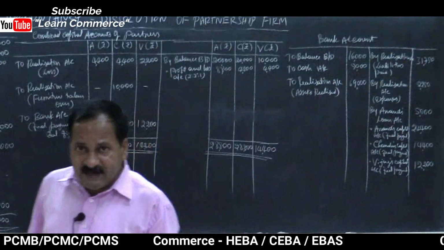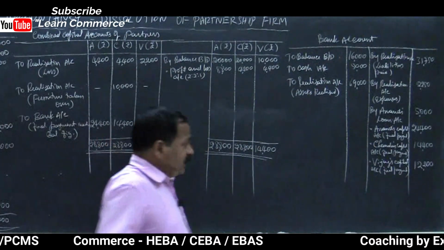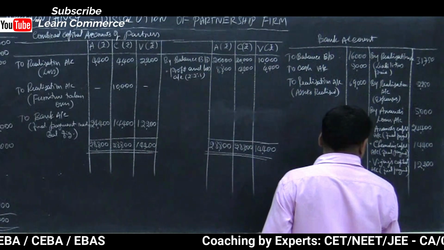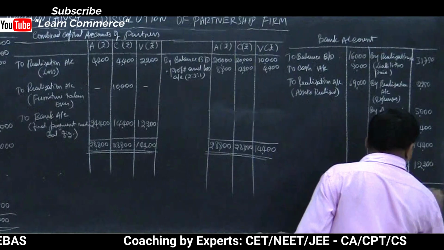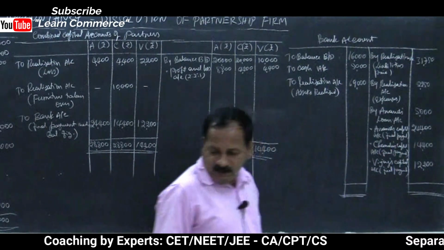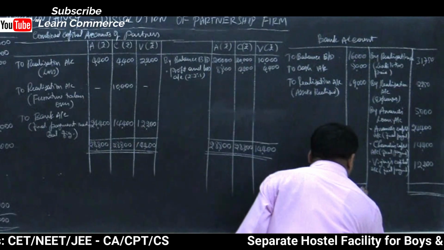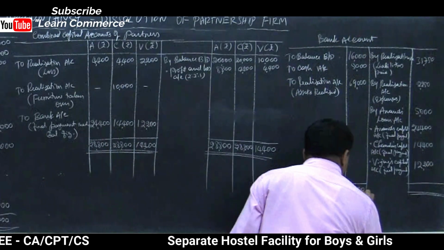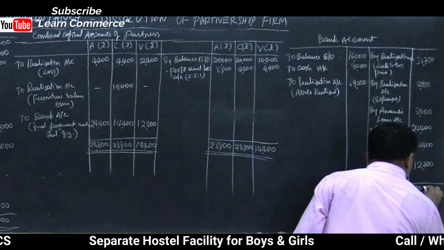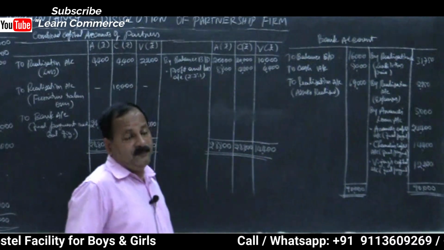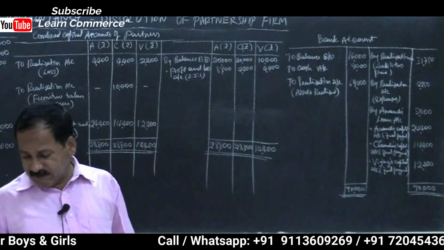Final payment is made. Check whether it agrees. It must agree. How much? 90,000 is the total. Yes, your problem is solved, right?